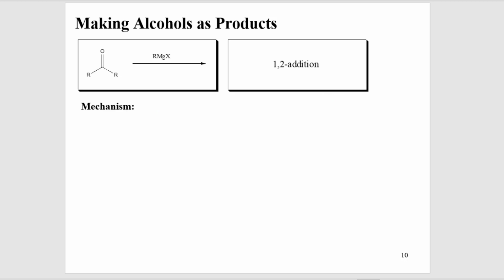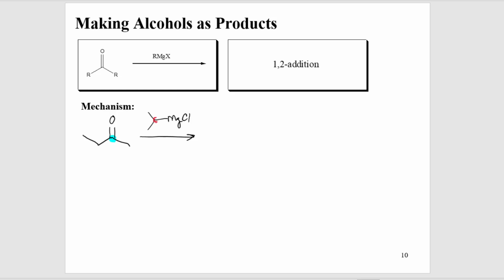Let's try a Grignard with a ketone. I'll make it a real ketone. Let's do something like isopropyl magnesium chloride. I'm a big advocate of color coding. So there's my partially positive carbon.